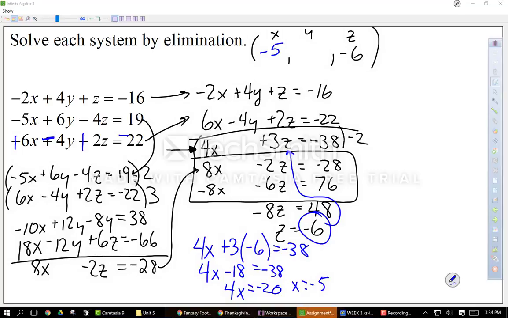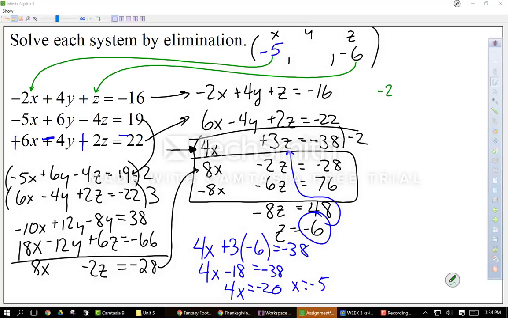Then I have to plug in. Let's plug into the top one. You can plug into the middle or the bottom one. It is up to you. So I'm going to go all the way to the right over here and start writing. I get -2 times whatever x was, which was -5, plus the 4y, because I don't know what y is, plus the -6 for z, equals -16.